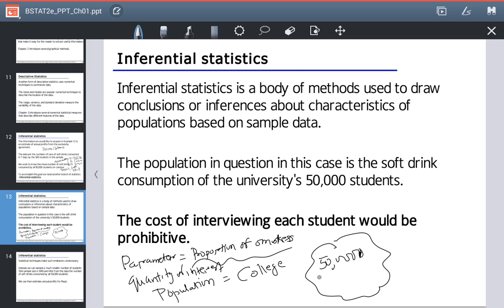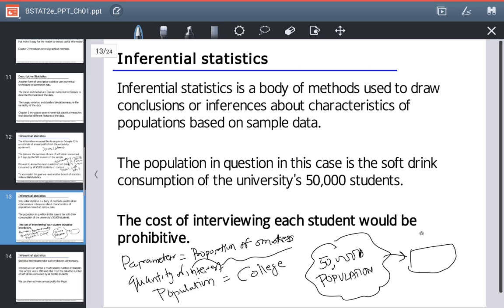This big group is called your population. What I might do is pick a small sample from this population. This is your sample, and this sample will be manageable, let's say 100 students.